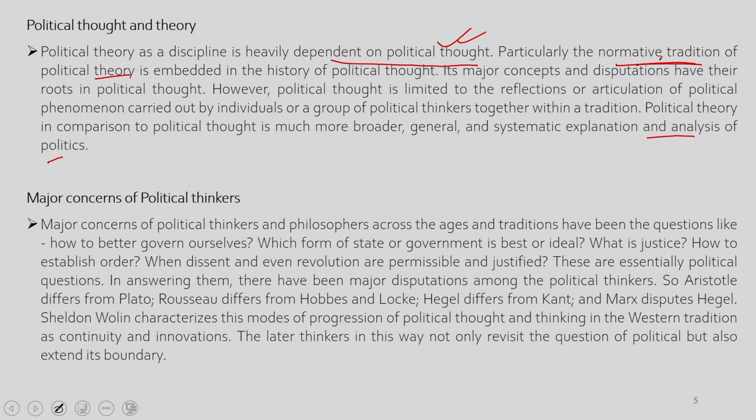Now, if we move on to understand the concerns of political thinkers, as we discussed in the beginning of this lecture, across the ages and traditions, political philosophers engage with questions like how to better govern ourselves, which form of state or government is best or ideal, what is justice, how to establish order, and when dissent and even revolution are permissible and justified.